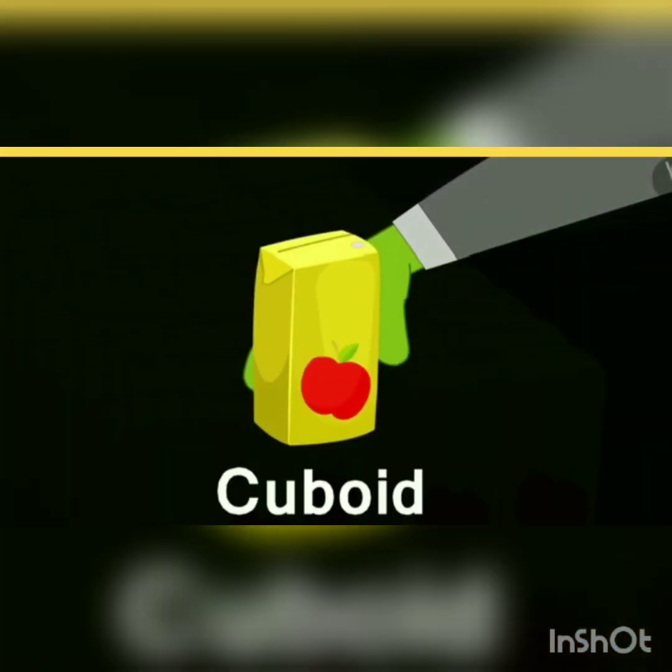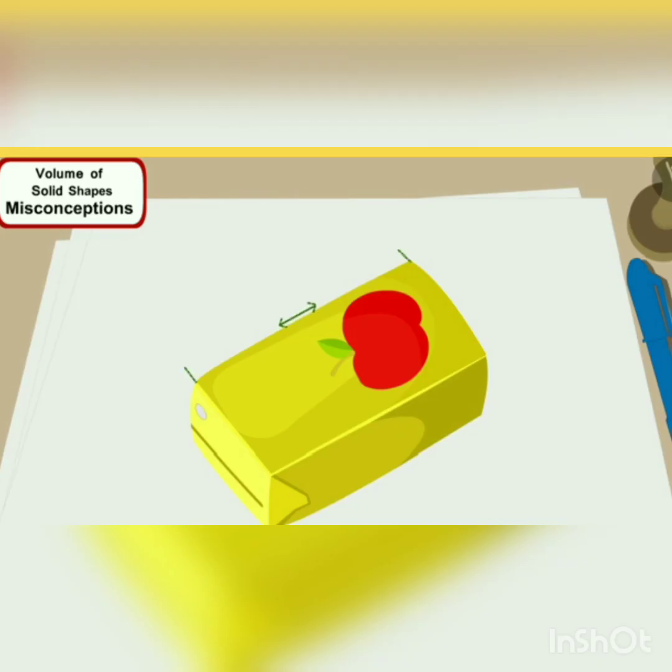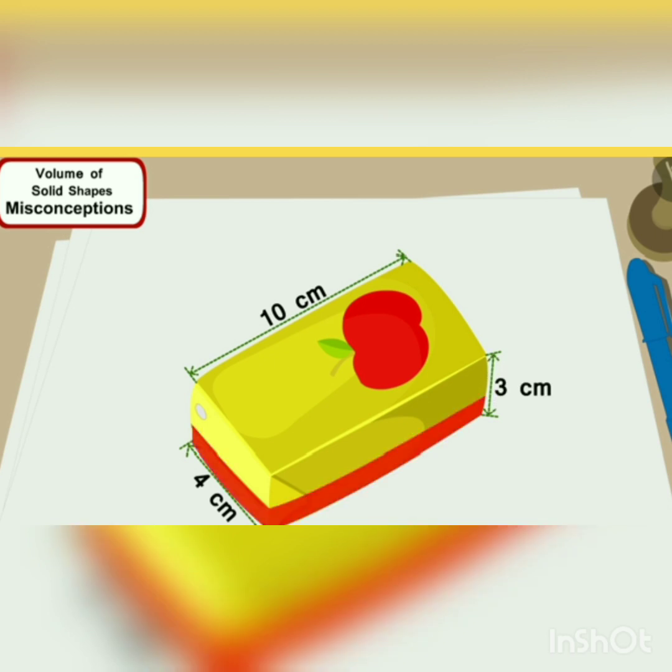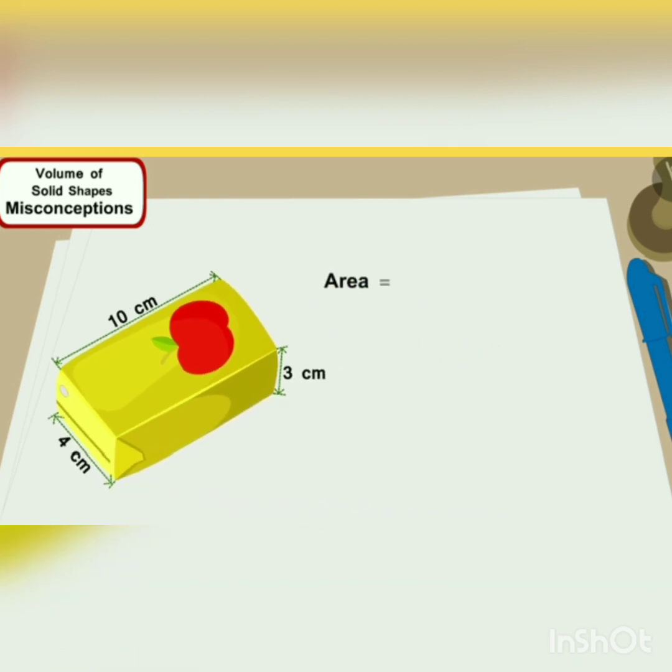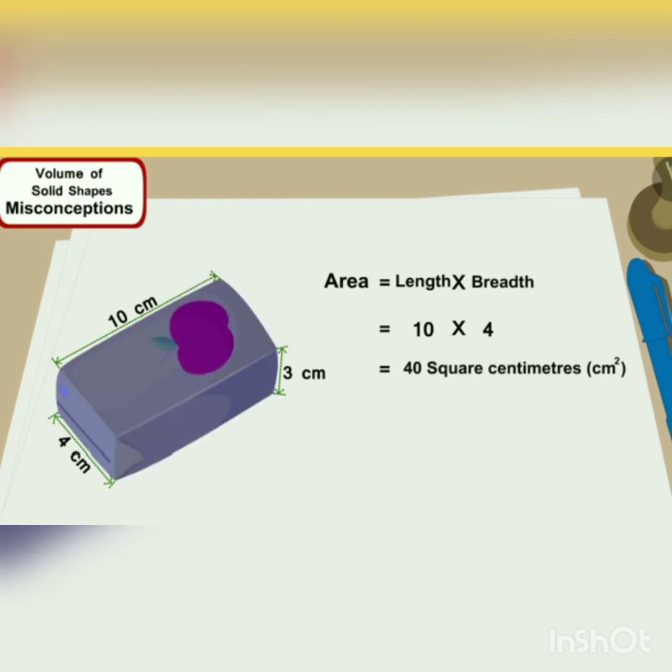Each juice box is cuboid shaped, with a length of 10 centimeters, width of 4 centimeters, and a height of 3 centimeters. That means the bottom layer of each juice box, that is, the length times the width, is 10 times 4, which is equal to 40 square centimeters.